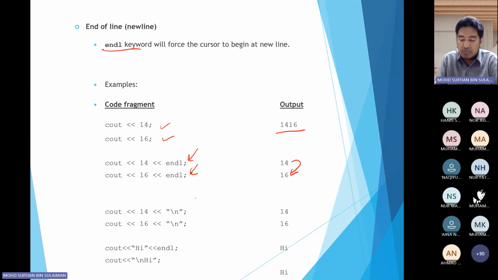There's also something similar with the \n. The output will be similar to the ENDL. So in this case, we have ENDL and then \n, meaning that we have two lines, two spaces.